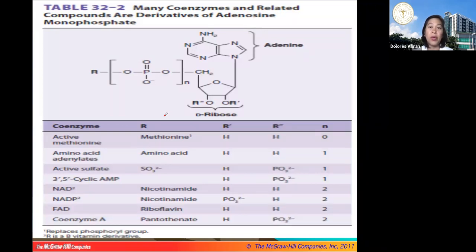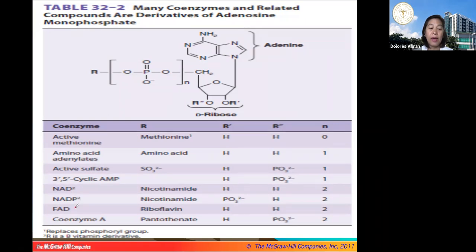derivatives of nucleotides will be the following, which you already encountered under energy metabolism. So you have NAD, nicotinamide adenine dinucleotide. NADP, nicotinamide adenine dinucleotide phosphate.